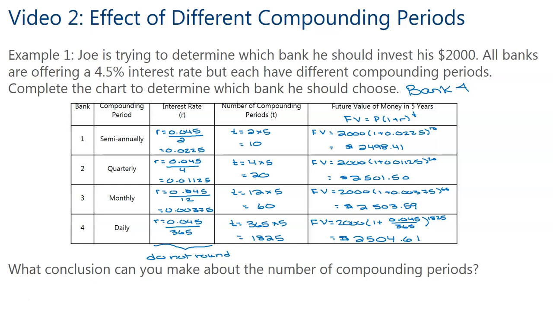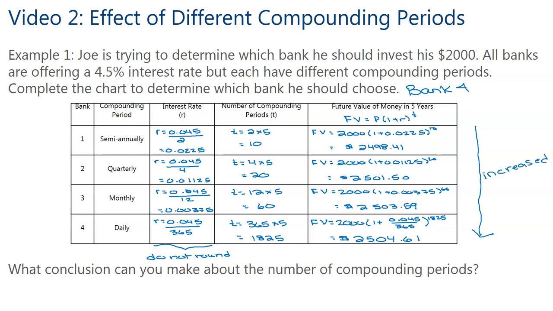Well, we started with 10 compounding periods, then we had 20, then 60, then 1,825. And what happened to the amount of money earned? It increased.